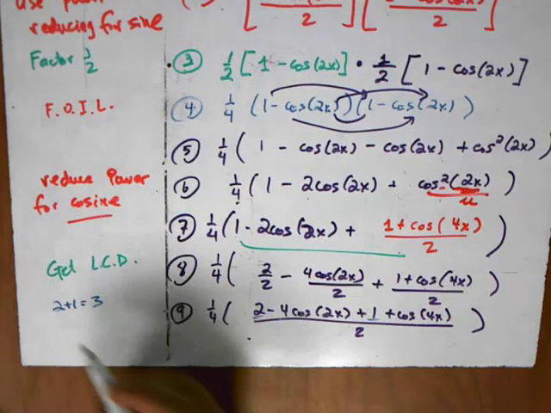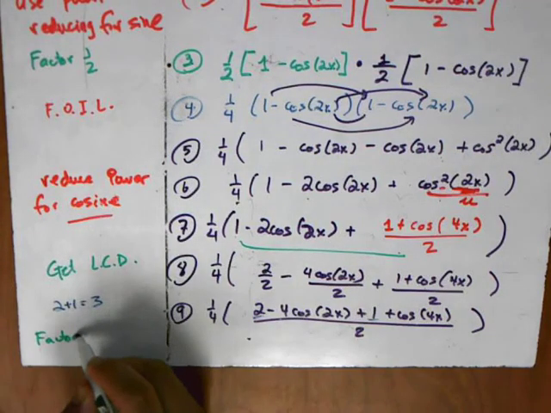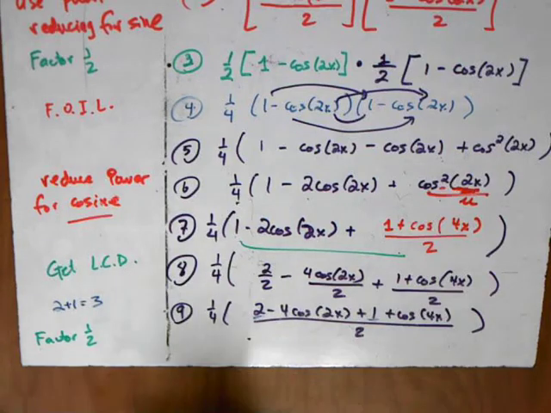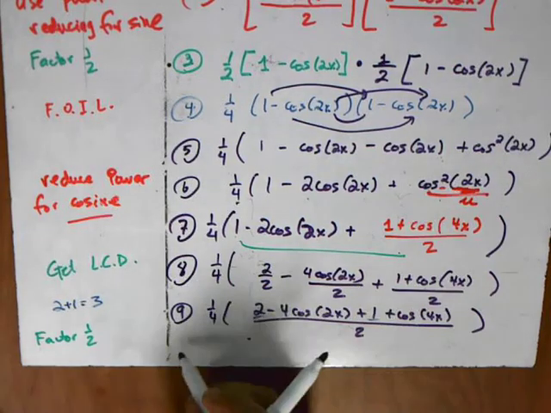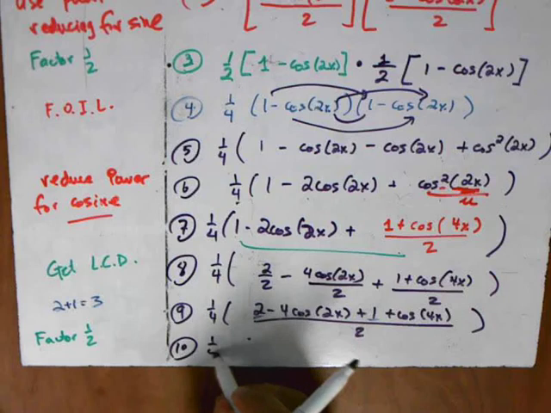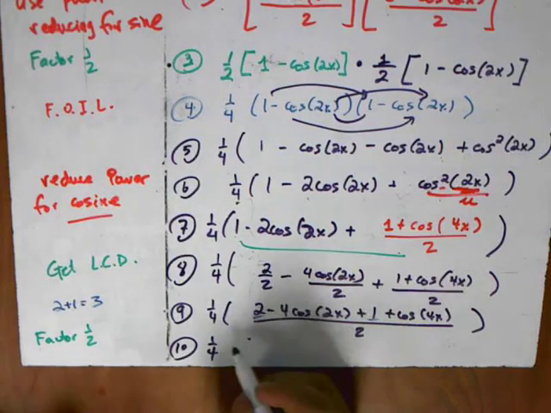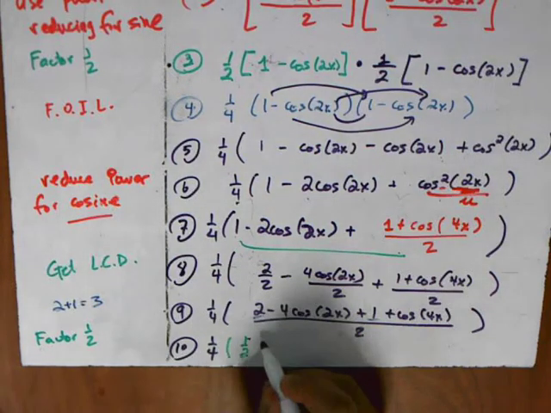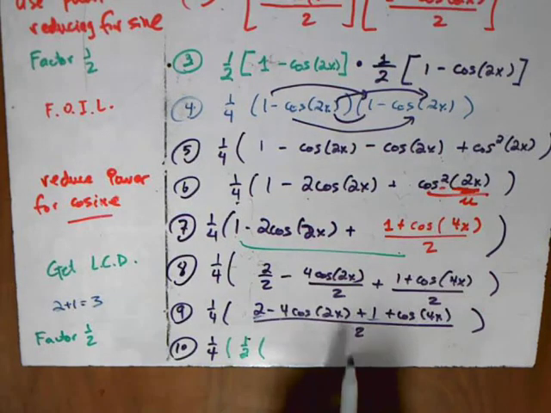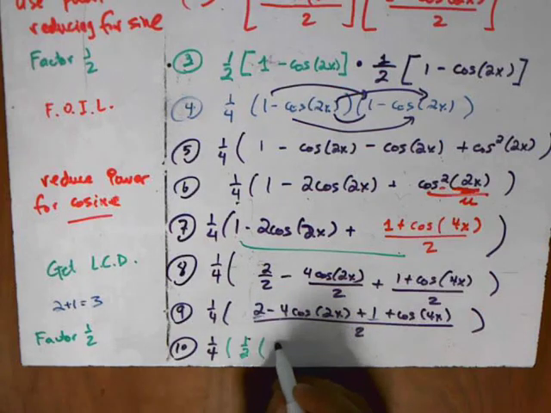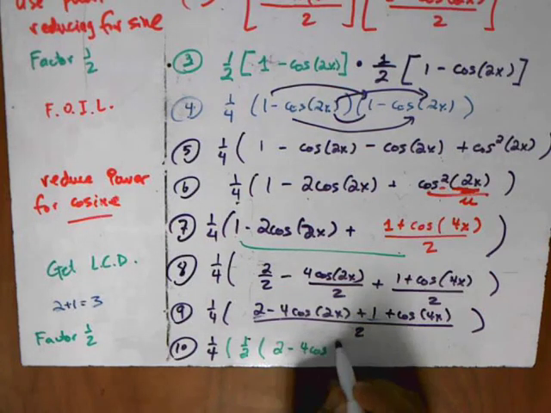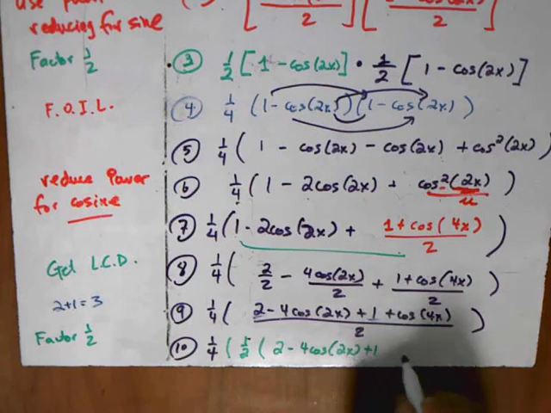So we're just going to factor 1/2 once again. Final step here: 1/4 times 1/2 times, and when you pull 1/2 out of here, this whole thing is just 2 minus 4 cos 2x plus 1 plus cos 4x.